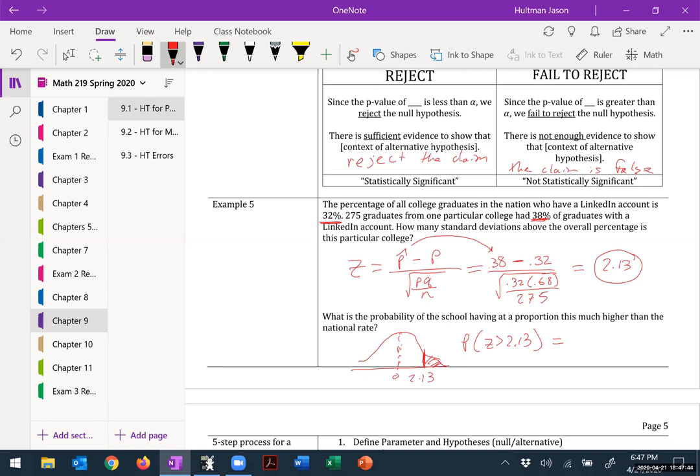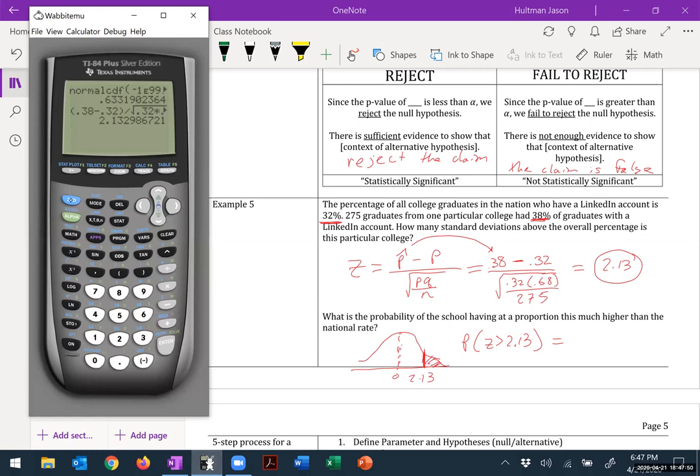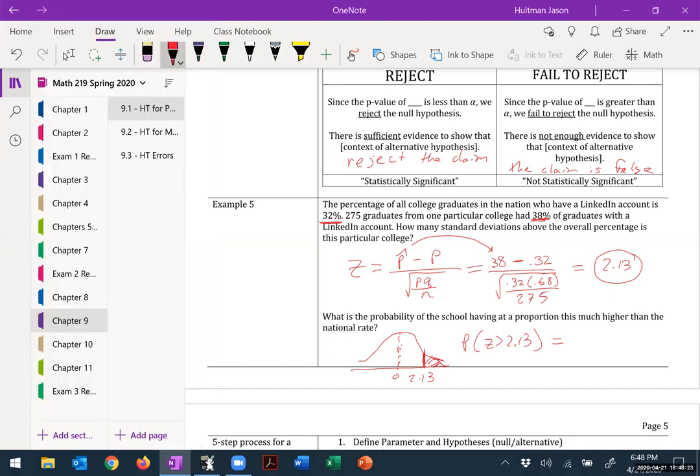This is going to be normal CDF of a standard normal curve. So second vars, normal CDF. We want the lower to be 2.13 and the upper to be positive infinity, that's what we're testing here.